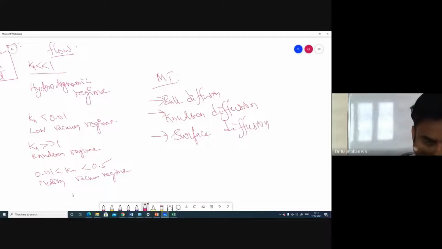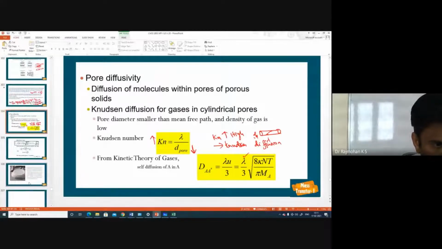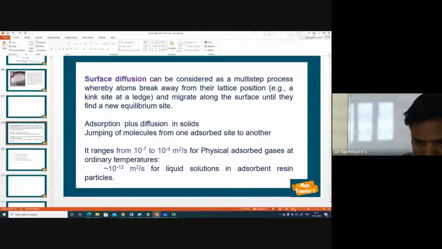So with respect to mechanism, we have bulk diffusion taking place, in one case Knudsen diffusion taking place, and in addition to that, we have to look into another one called surface diffusion. This theory I will explain, then we will move to solve a numerical using the formulas.